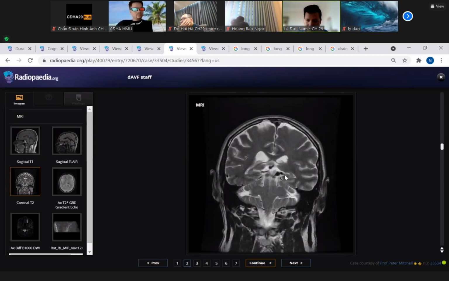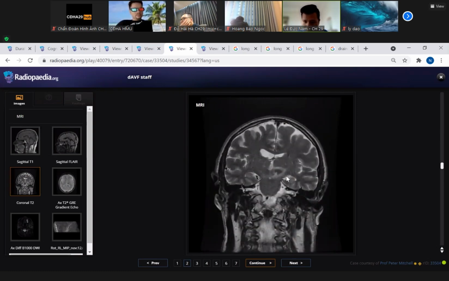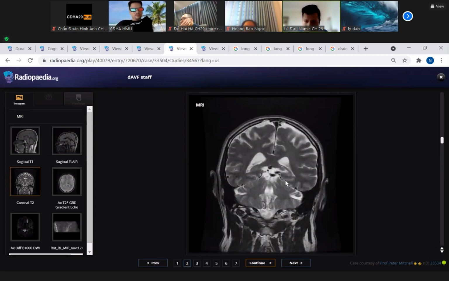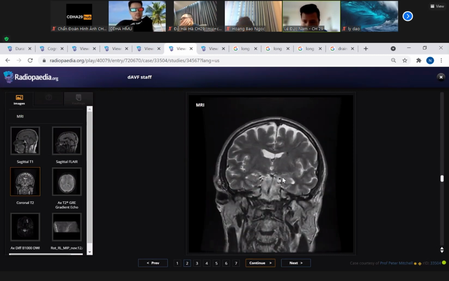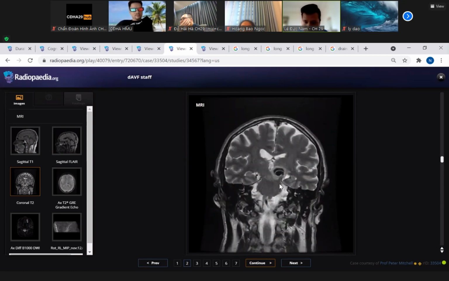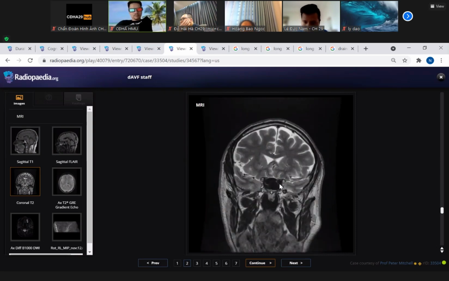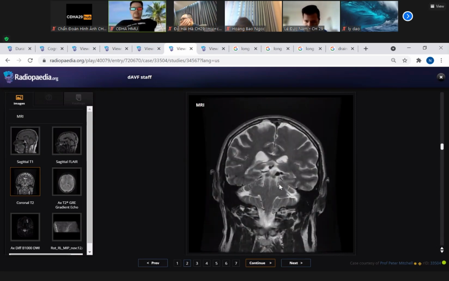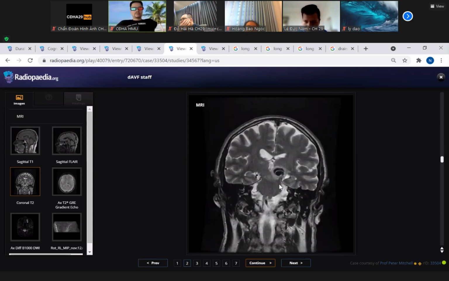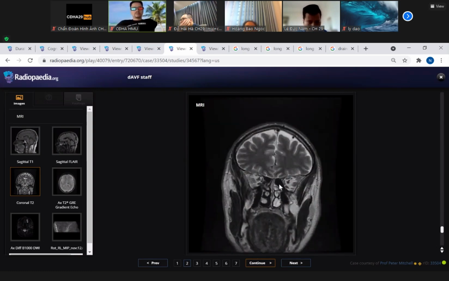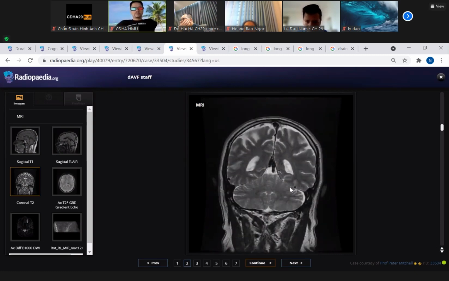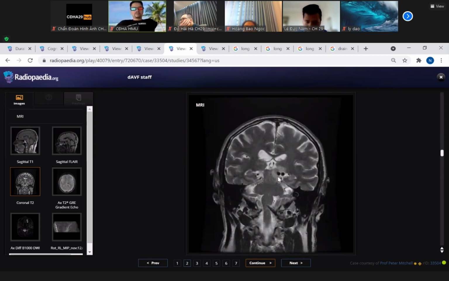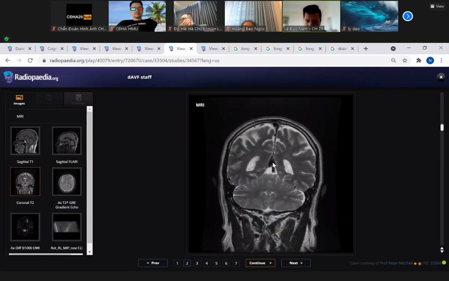You see the lesion in the left thalamus with the blood flow. And I suggest dilation of the inferior sinus vein.